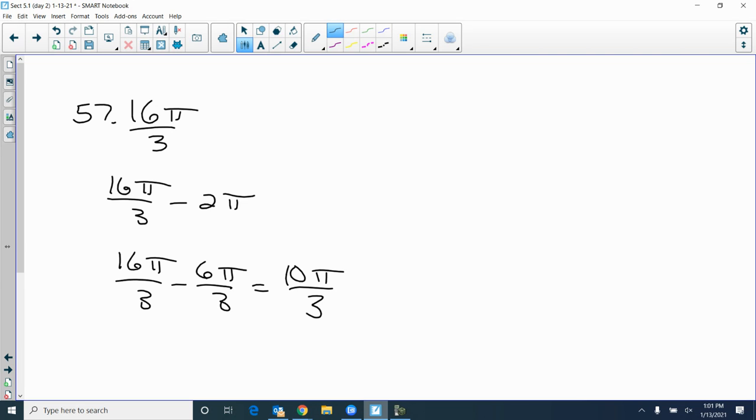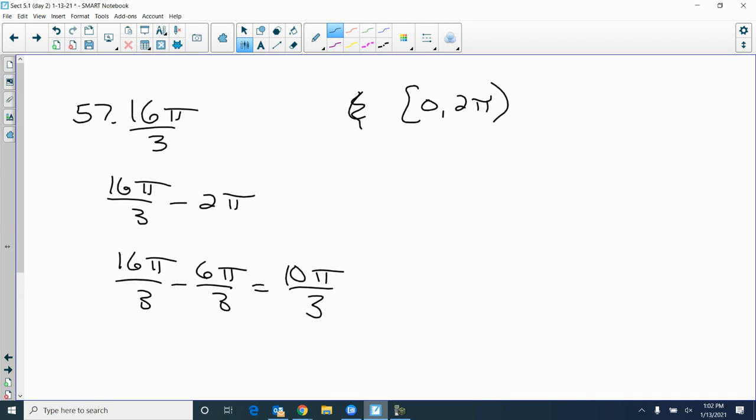Well, why isn't that the answer? I mean, we haven't done anything wrong. It's not the answer because it said it wanted an angle in the interval 0 to 2 pi. That is not in that interval. 10 divided by 3 is like 3 1/3, so it's bigger than 2 pi.